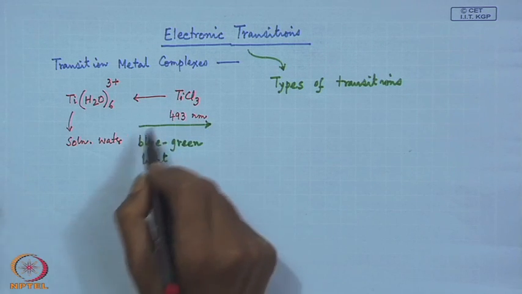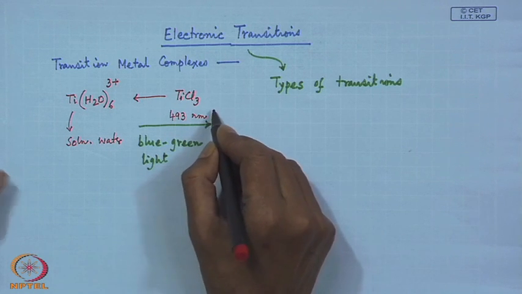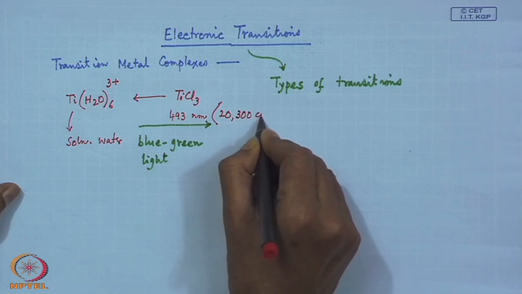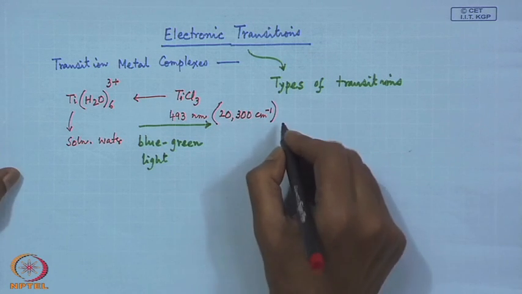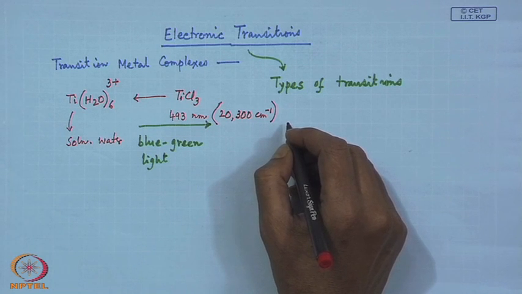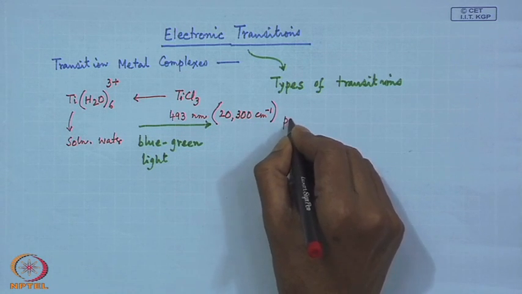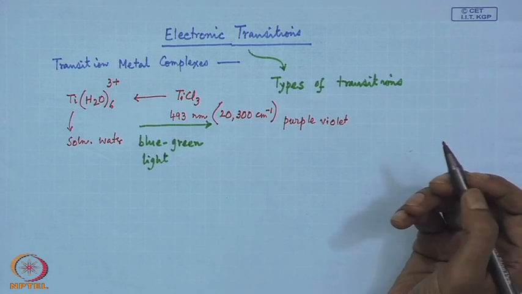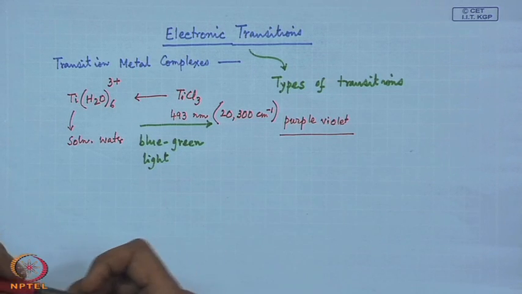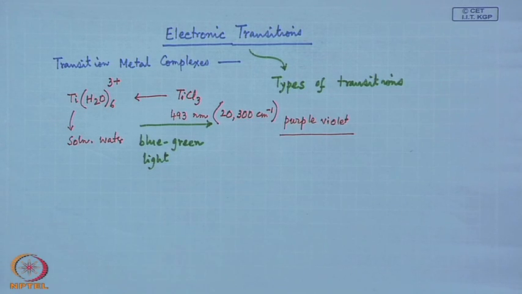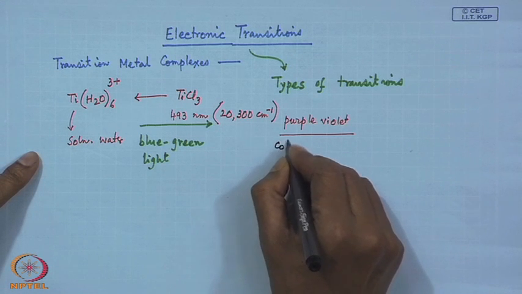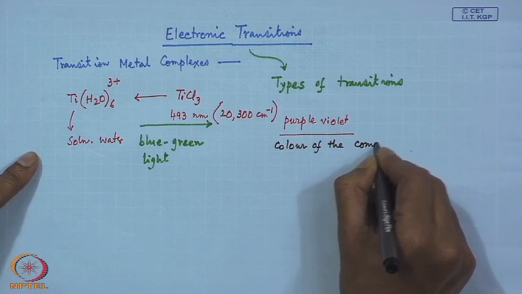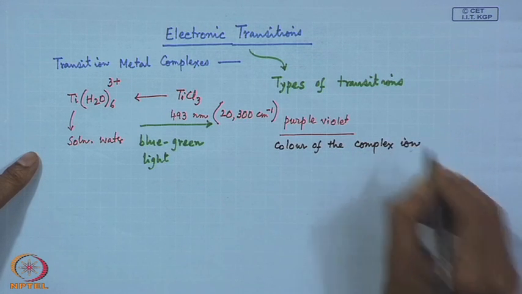So, this particular blue green light corresponds to this wavelength, and in wave number unit this corresponds to 20,300 centimeter inverse, and the corresponding color of the solution would be purple violet, the complementary color that we see, and this would definitely be the color of the complex ion.